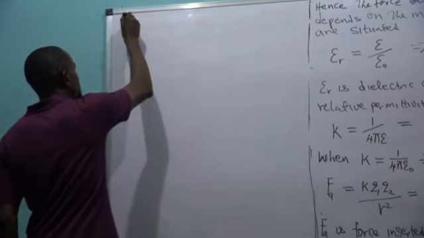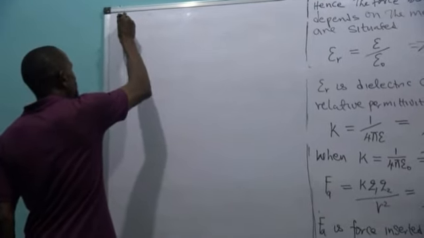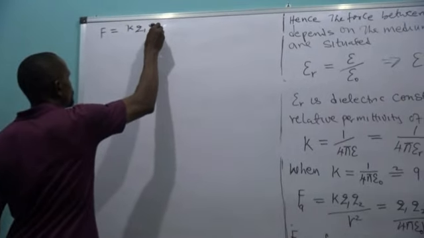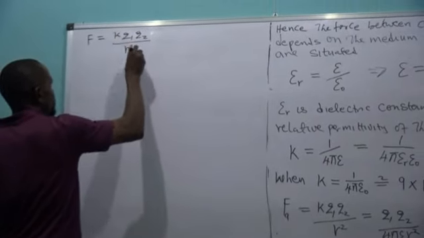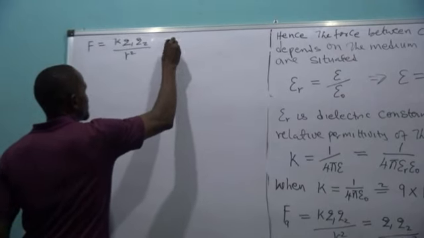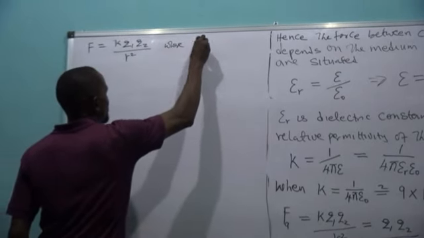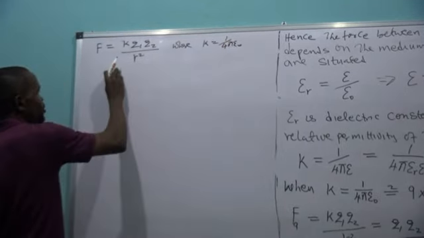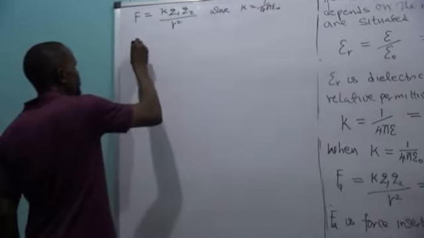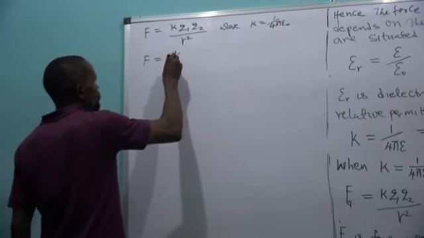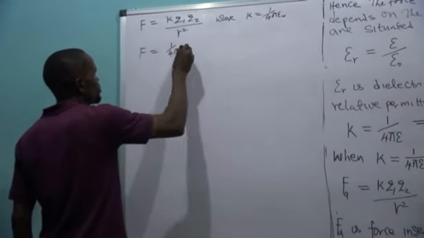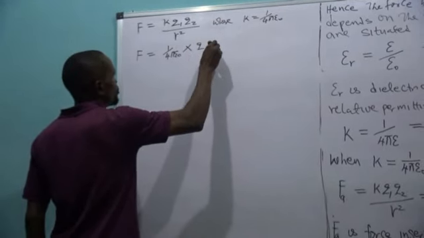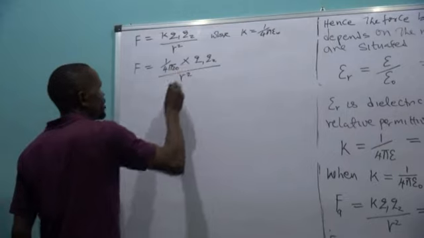For clarification, when I have F equals K Q1 Q2 all over R squared, where K is equal to 1 over 4 pi epsilon o, let us see how I get them. Substituting, I will have F equals 1 over 4 pi epsilon o times Q1 Q2 all over R squared.